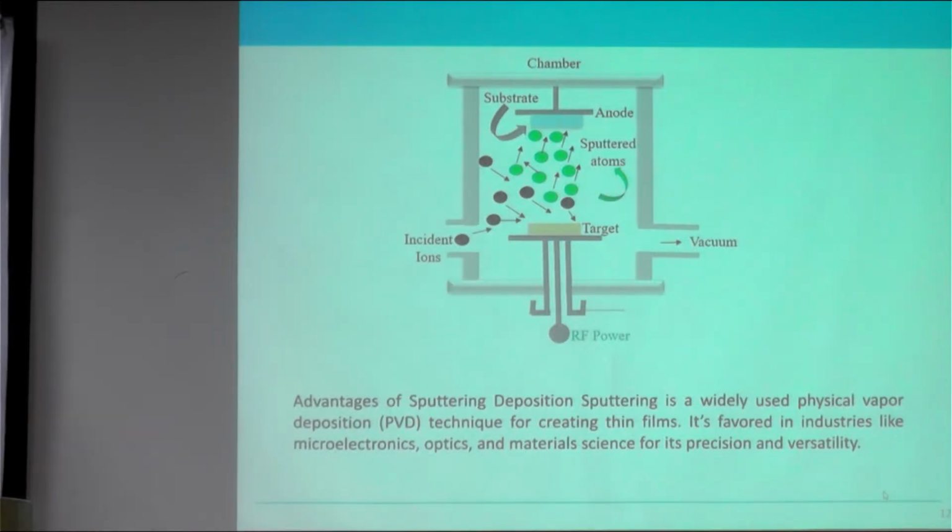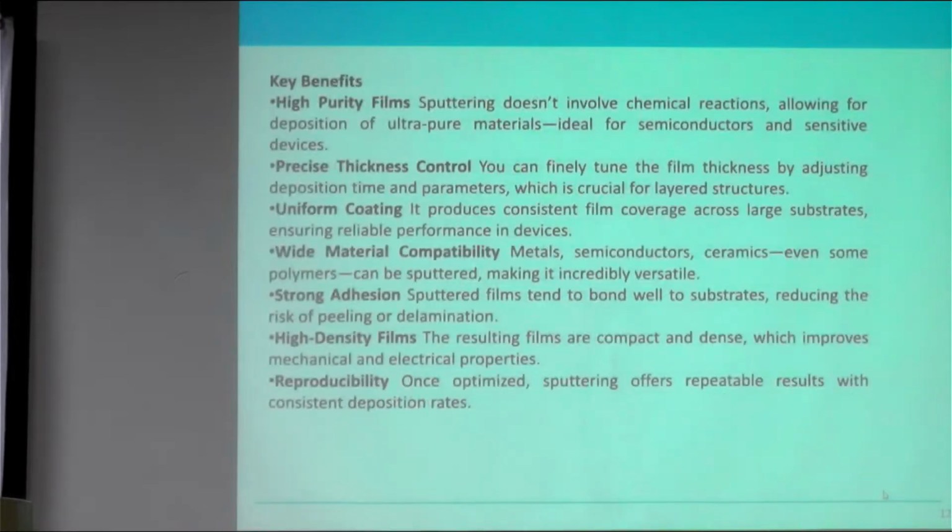From sputtering onwards, industries are accepting, yes, these films are uniform, and there is some more advanced research for ALD and such, where industries have more confidence in thin film deposition. So these are some key benefits: high purity films, precise thickness, uniform coating, wide material compatibility, strong adhesion.